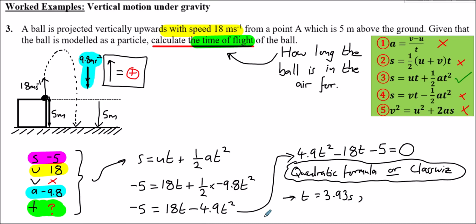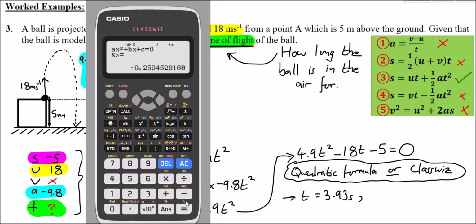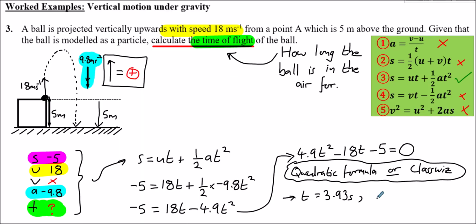The next one, if we press it again, is nonsense. We can't have a negative time, so we reject that. We can write it down if we really want to: -0.26-ish to 2 decimal places. We can reject that because that is an impossibility.